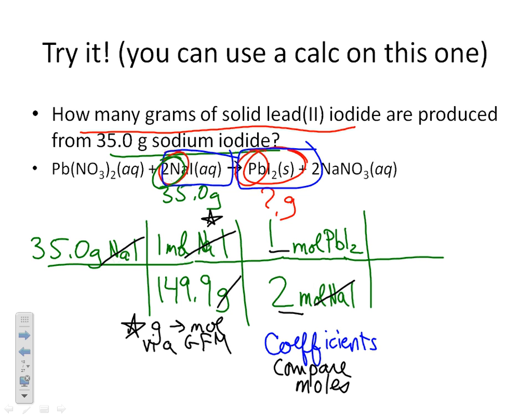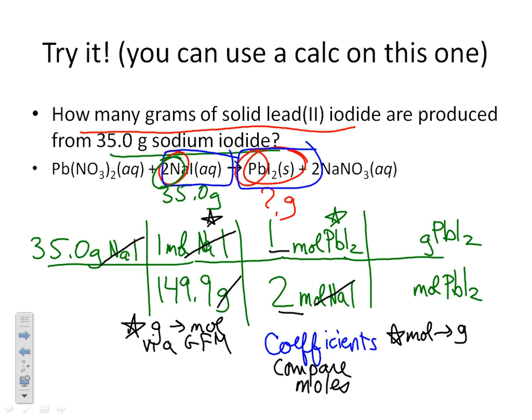But we're not done with the problem, because the question didn't ask how many moles of solid lead-2 iodide are produced. The question asked how many grams of solid lead-2 iodide are produced. So in our last step, we want to turn moles back to grams, but we have to be careful about what it is that we're turning back to grams, because now we've got moles of PbI2. So it's moles of PbI2 that go on the bottom and grams of PbI2 that go on the top.